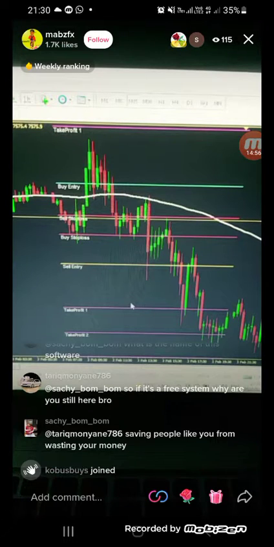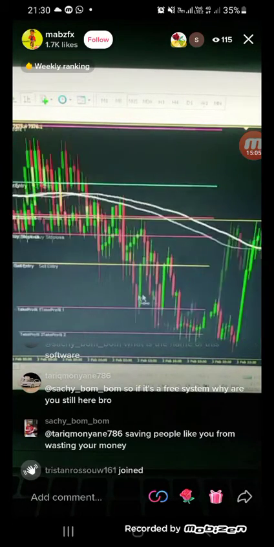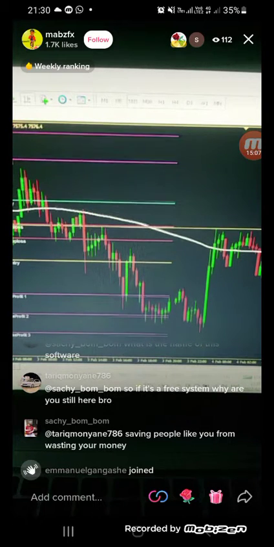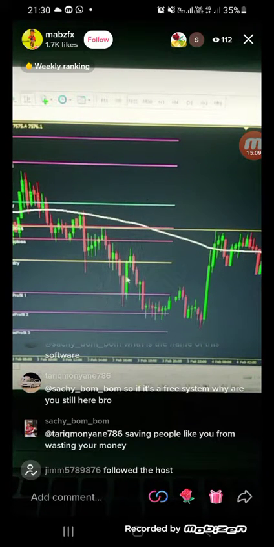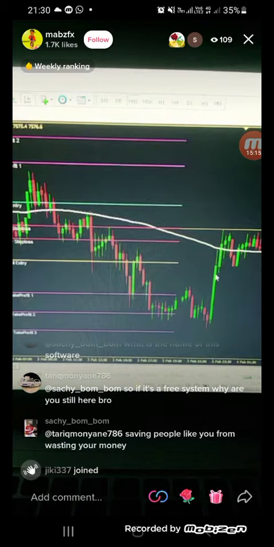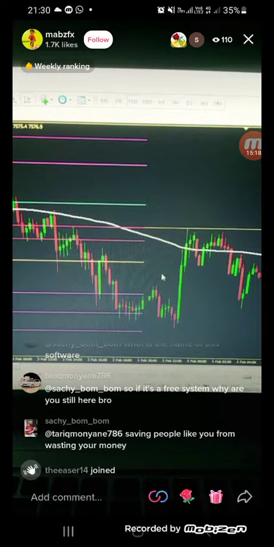So that's how you get in the buys and the sells. Use the 100 period as a filter. Once you identify whether the price is above or below the 100 period moving average, you jump in and act accordingly, according to the rules, using risk management and all these things.